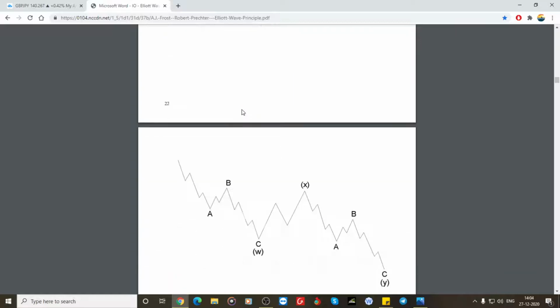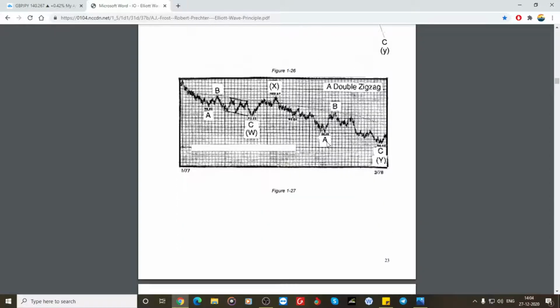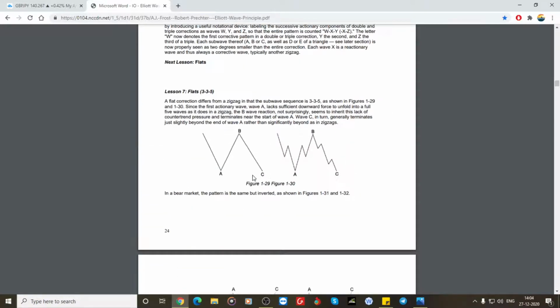One is zigzag, which has three varieties: simple zigzag is one, double zigzag is the second, and triple zigzag is the third. Next, after the zigzag, comes the flat correction. In the flat correction there are two types: one is a regular flat and another is an irregular flat.